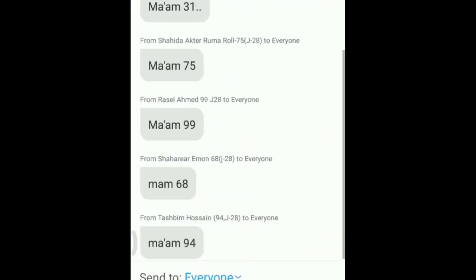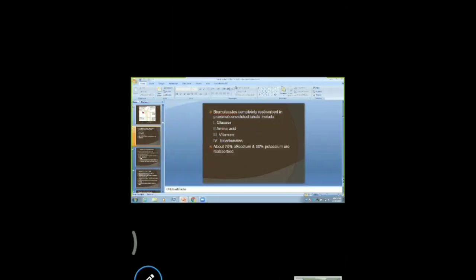Okay. Secretions in the proximal tubule: it secretes some important substances: PAH, penicillin, probenecid. PAH can be used for estimation of renal plasma flow.